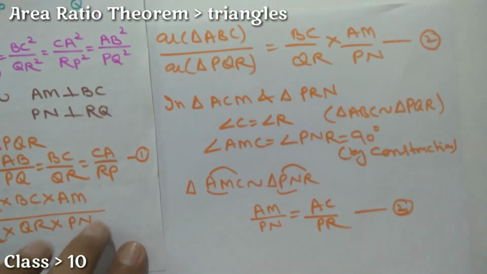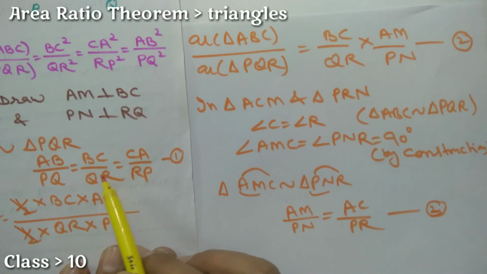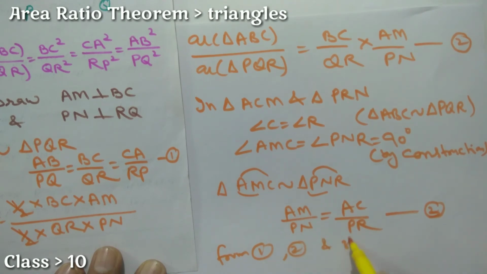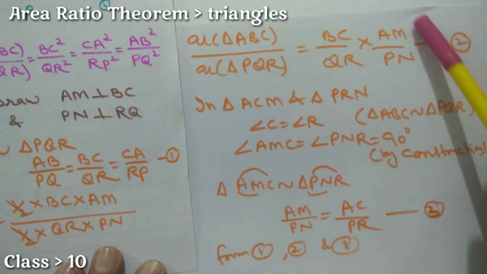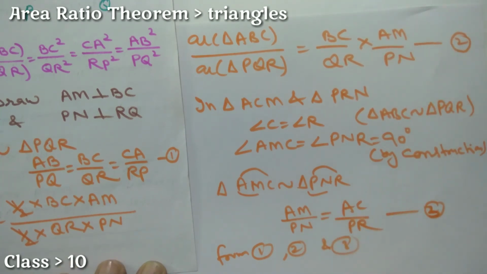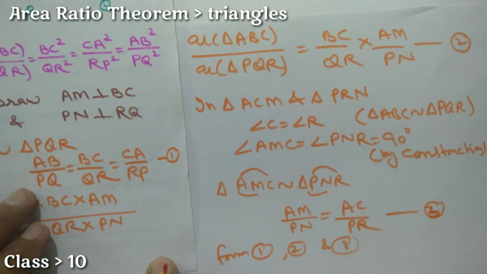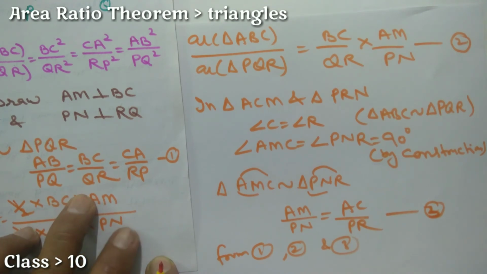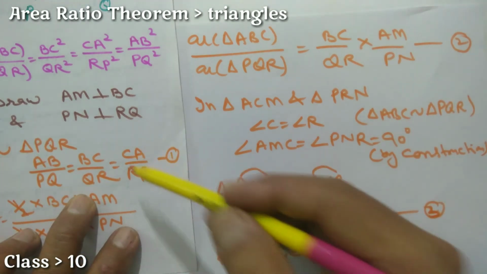Now, clearly from second, third and first, collectively, I have all these with me: first, second and third. From second and third, AM upon PN is there, and we also know from first, AB upon PQ, BC upon QR is equal to CA upon RP.